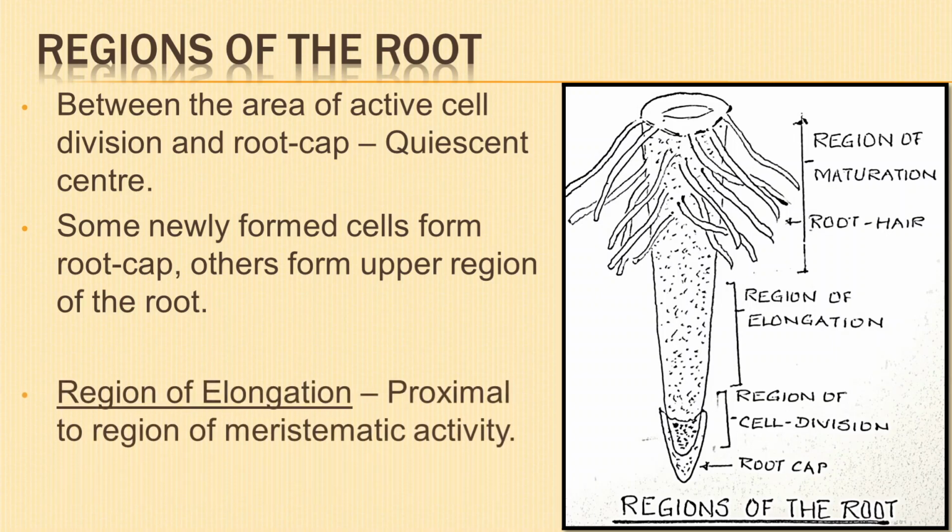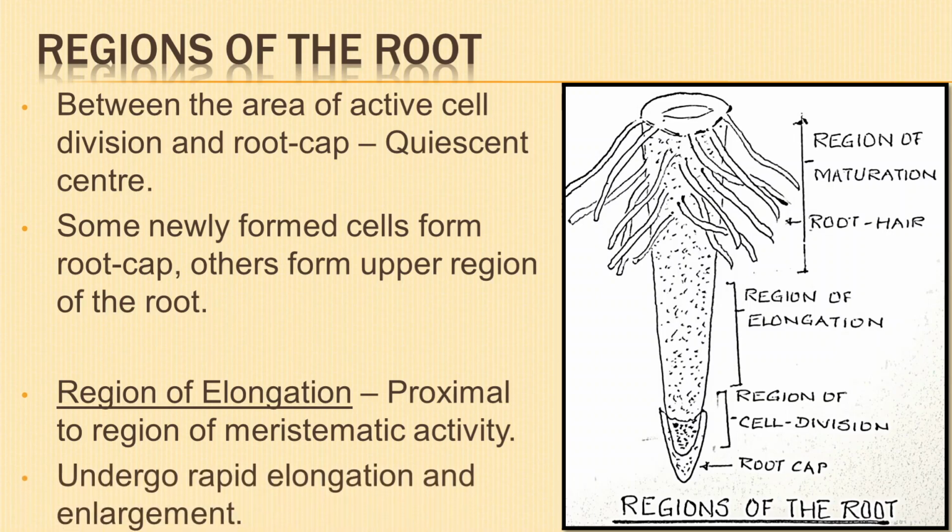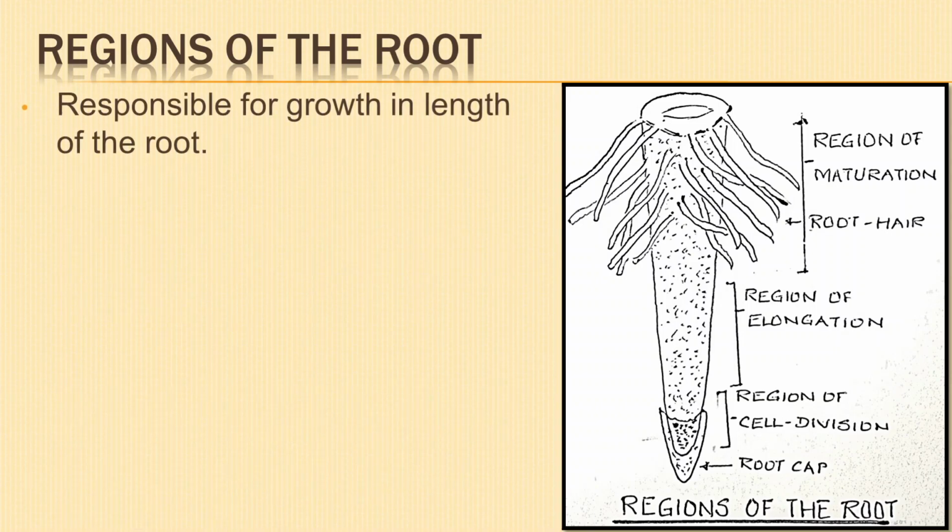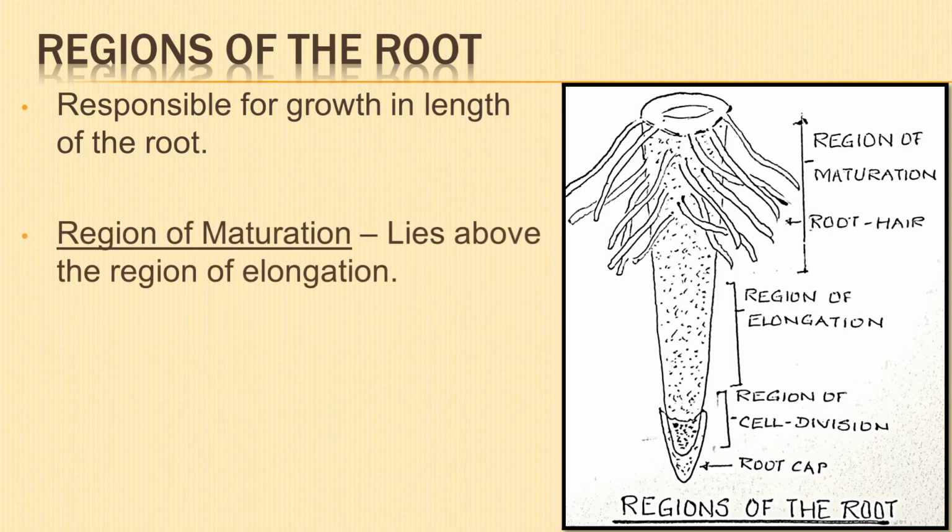Region of elongation. This region is proximal to the region of meristematic activity. The cells in this region undergo rapid elongation and enlargement. This region is responsible for growth in length of the root. Region of maturation. This region lies above the region of elongation.